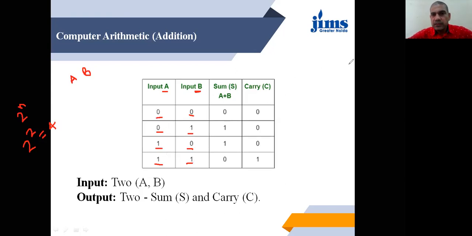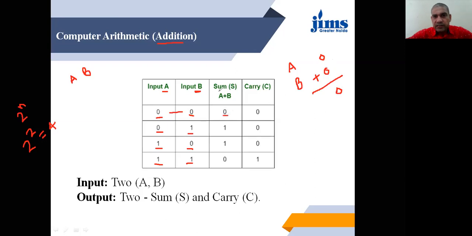So when we have to perform addition on these two numbers, this is number A, this is number B. Here it can be 0, 0. In the first case, when we add 0 and 0, the addition of 0 and 0 is 0.